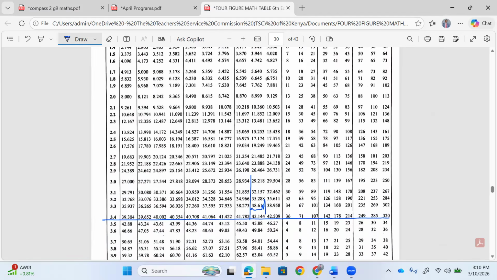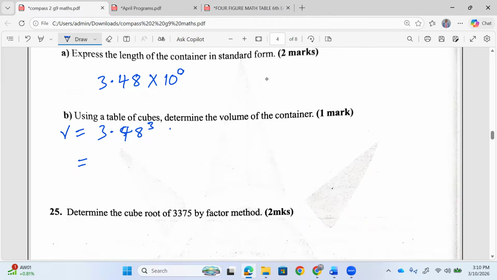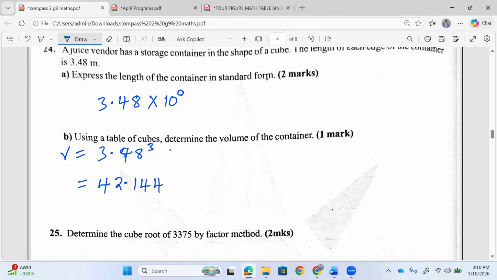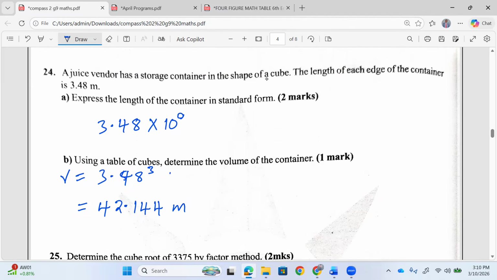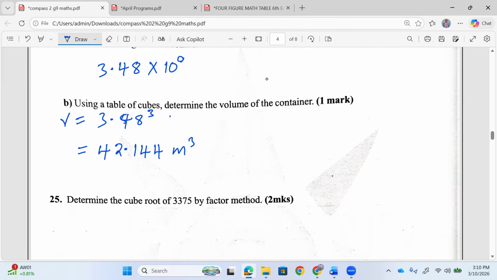So this is 42.144 meters power 3. So that is the volume by the use of the tables of cubes.